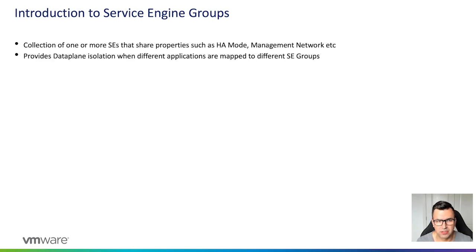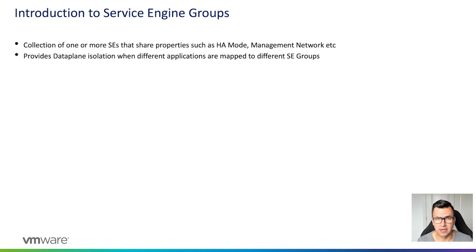As mentioned before, the service engine group provides data plane isolation when different applications are mapped to different SE groups. There can be multiple reasons for which you would like to have data plane isolation. It could be an application that for security reasons has to be completely isolated from others.